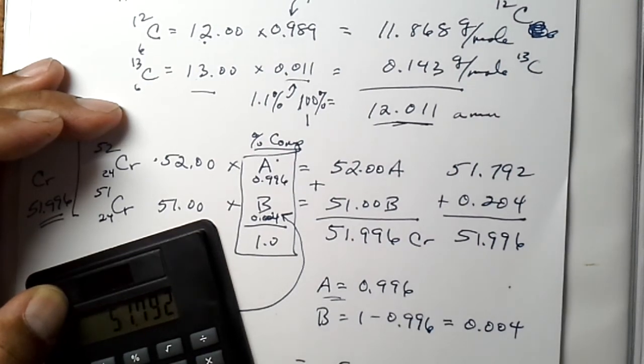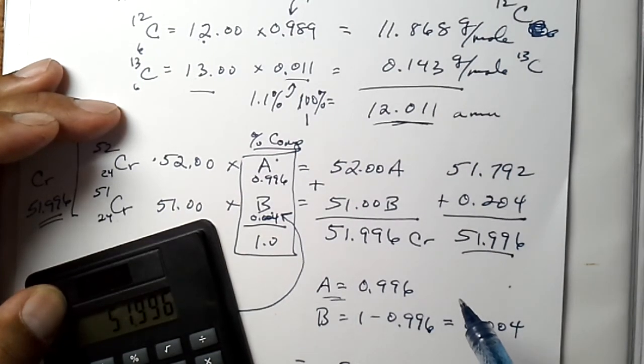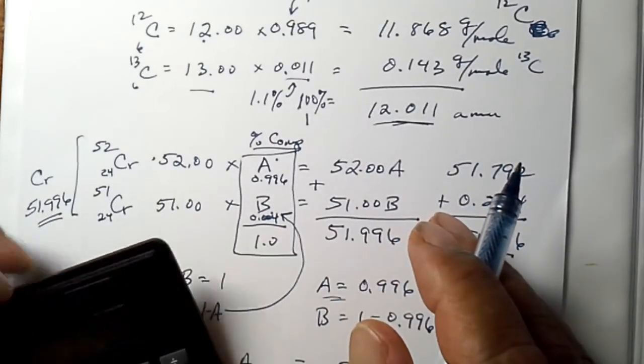Now if I add those two together, that's 0.204, what do I get? 51.996.